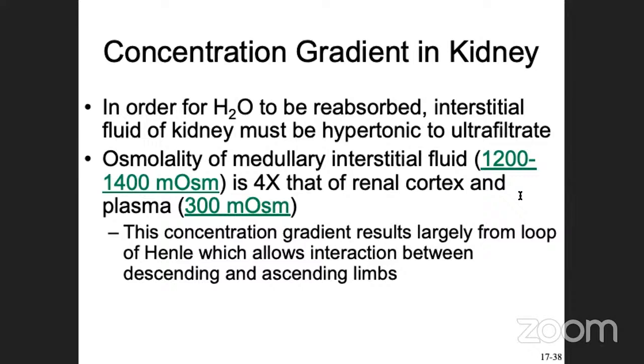In other words, the loop of Henle is where the particles are concentrated and the osmolality is increased. So the concentration gradient results largely from the loop of Henle, which allows interaction between the descending and ascending limb.